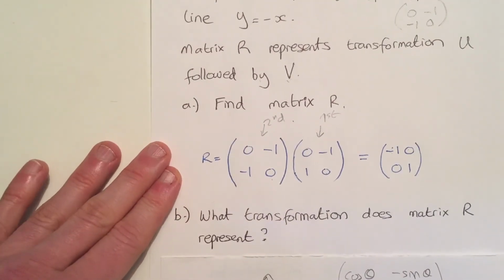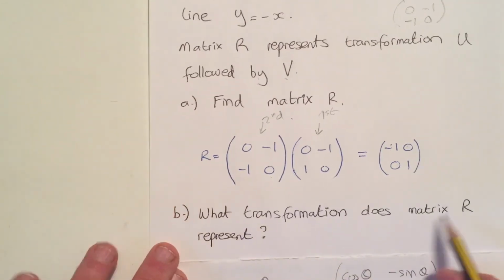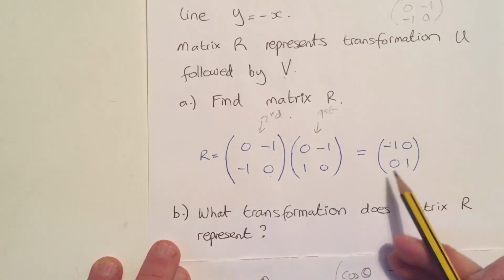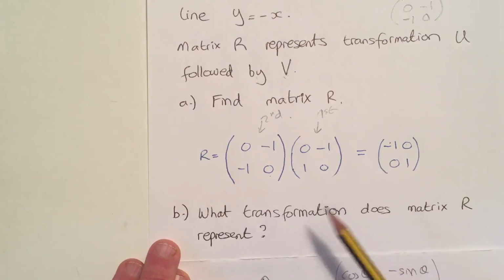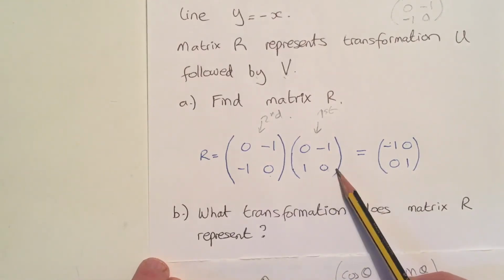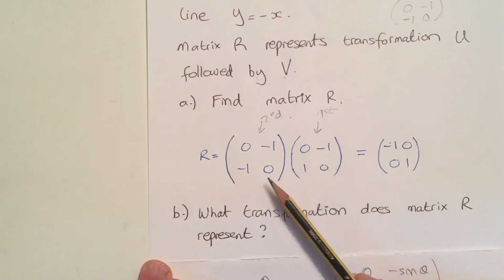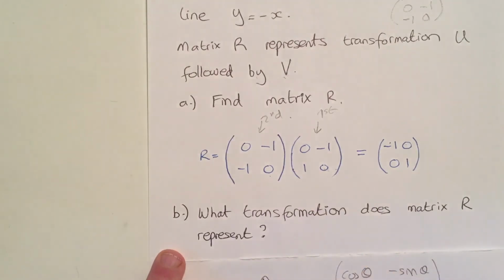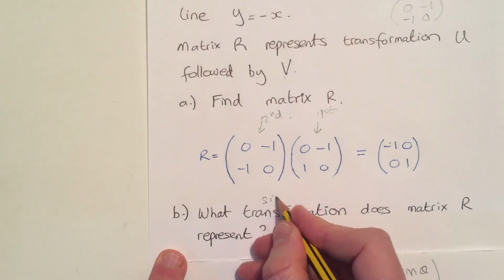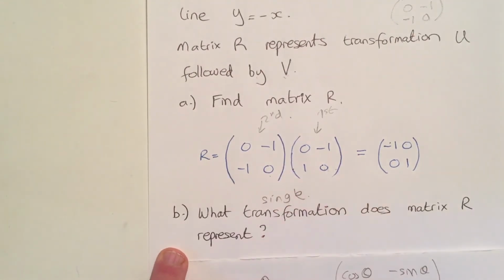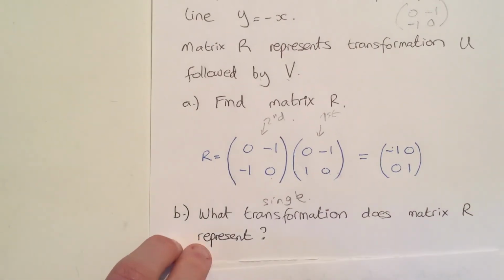So overall, what does this matrix here represent? Like I say, it does represent a rotation 90 degrees anti-clockwise, followed by a reflection in the line y equals minus x. But if I wanted to say what single transformation it represents, let's look at that matrix there and think about what that means.